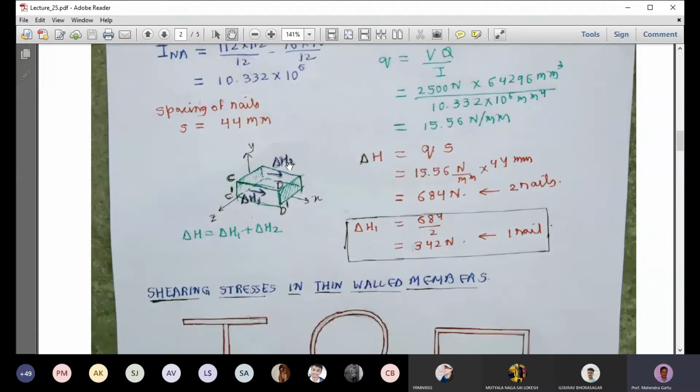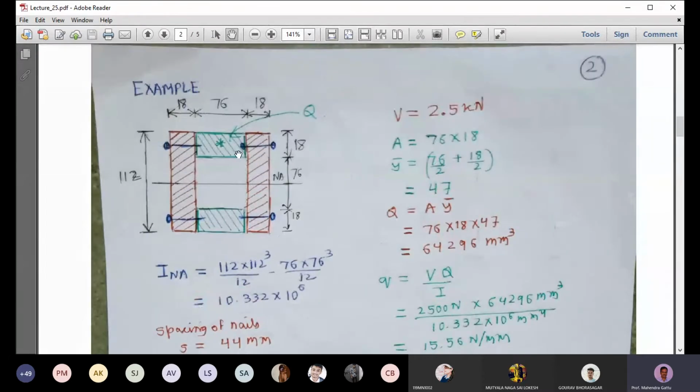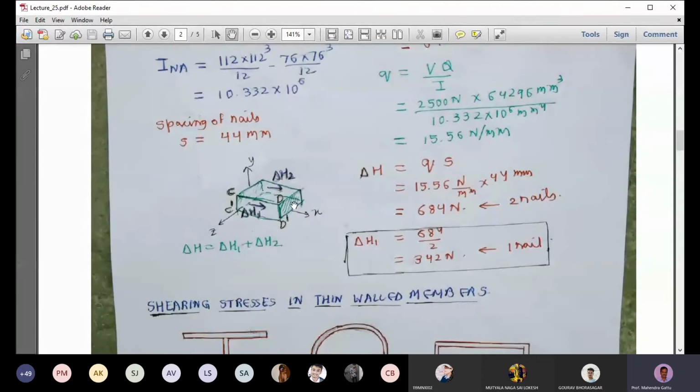If you sketch the free body diagram for this mid beam, we are looking at the 3D view. There will be bending stresses on the front face and on the back face. And here there is shear stress developed due to the nails. For a spacing of 44 millimeters, there are two nails. Half of delta H will be taken by the nail on this face, and half by the nail on the other face.